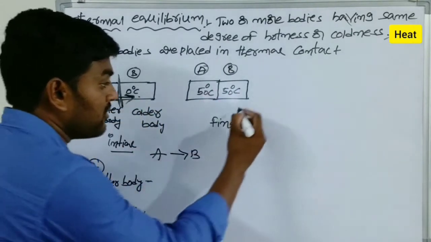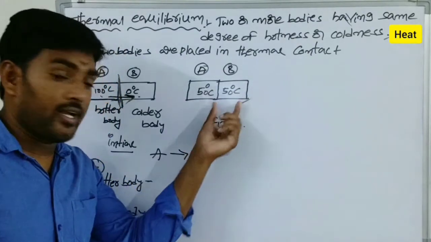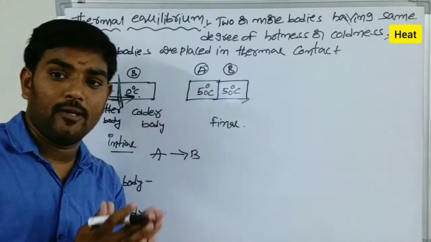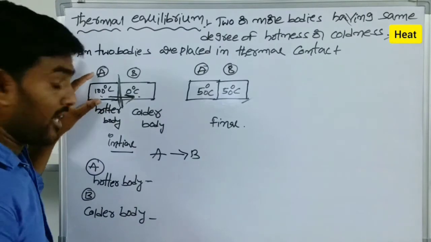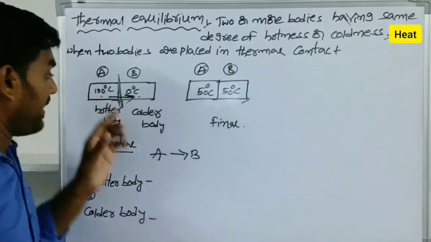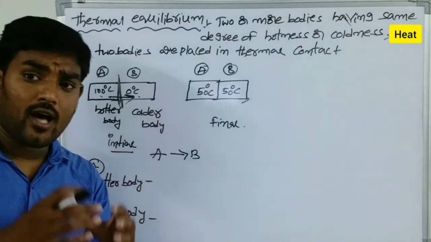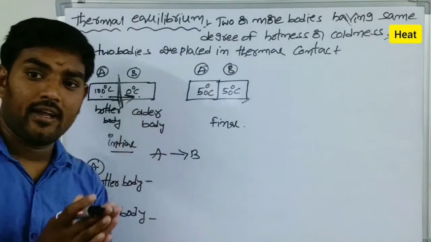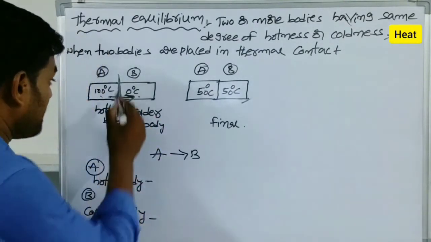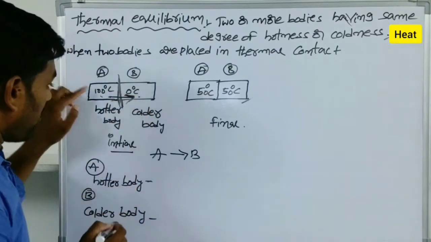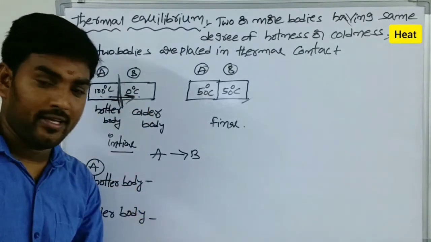After some time, thermal contact leads to thermal equilibrium. Take two bodies at 100 degrees centigrade and 0 degrees centigrade. The two bodies are touching each other, so they are in thermal contact. This is a hotter body, this is a colder body.